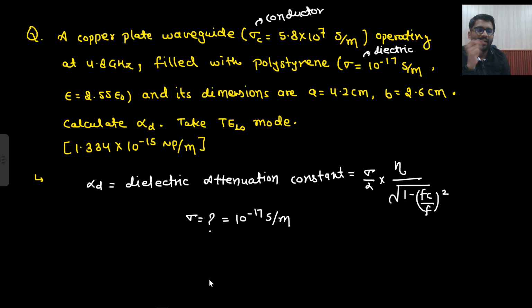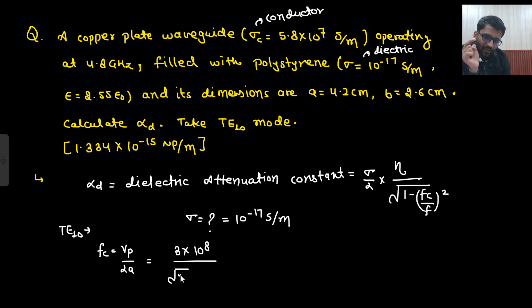What do I need to find? Sigma I have, eta I can find. First the task should be to find the fc value. So what is my fc? Fc is Vp by 2a, because the mode is mentioned, that is TE10 mode. What is my Vp? My Vp will be 3 into 10 to the power 8, but the medium is not air, the medium has epsilon r of 2.55.